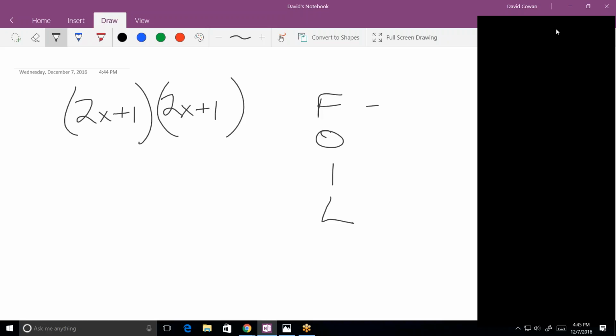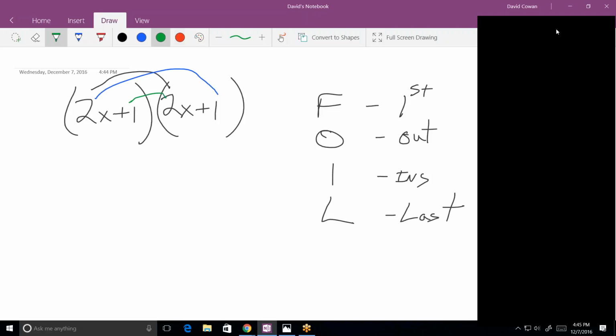The F stands for first, the O for outside, the I for inside, and the L for last. So the first is that times that. The outsides are times one another. Insides times one another, and the last would be that.